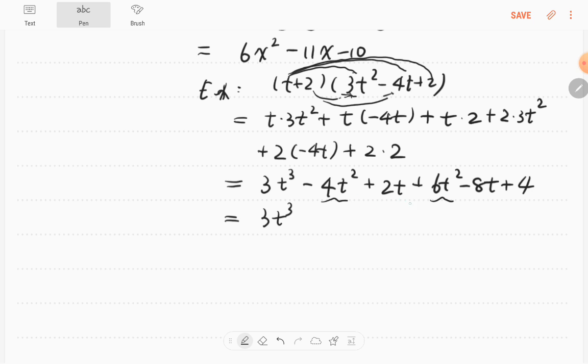So negative 4 plus 6, we will have 2t squared. Then we also have the like term for t. 2t minus 8t, we will have minus 6t. After that, plus 4. So you should simplify your polynomial by combining the like terms.